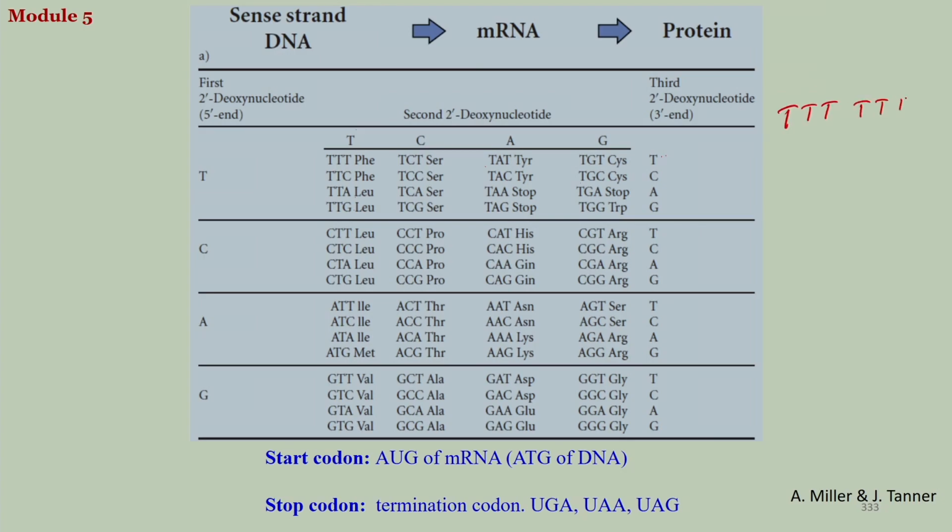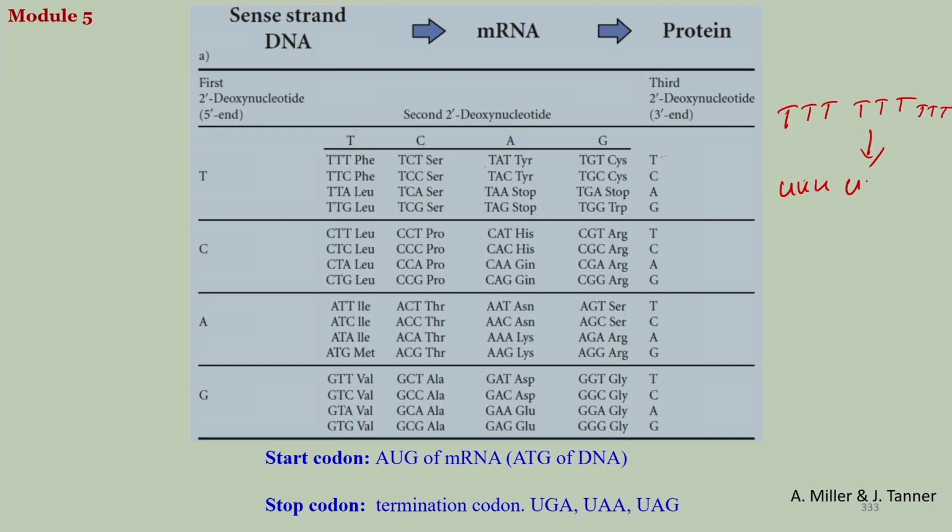and another TTT and another TTT, I am writing the parent DNA strand. Of course, this would be going to the mRNA, which would be U, U, U. He has actually synthesized the mRNA. He has not synthesized the DNA.